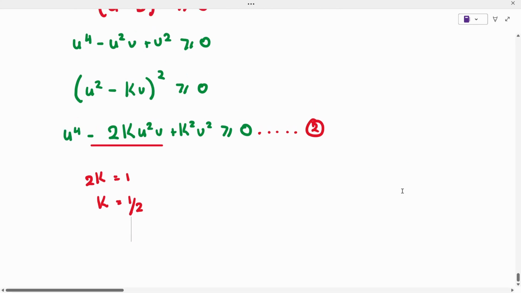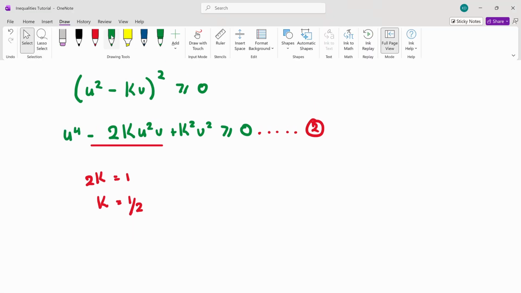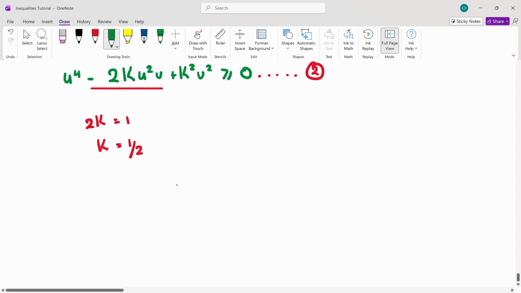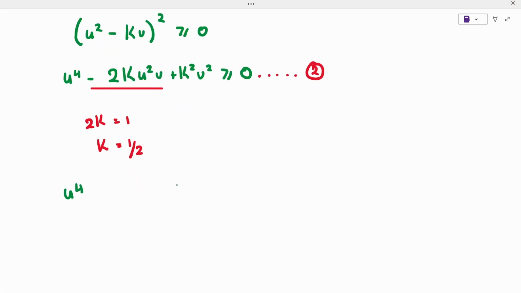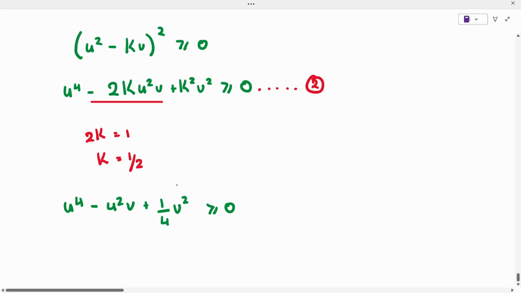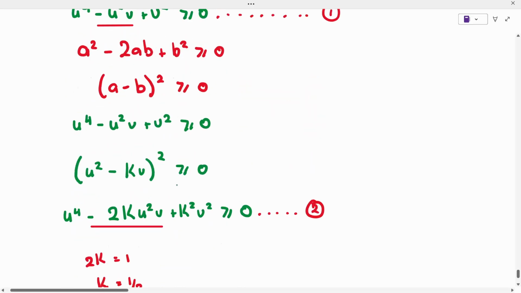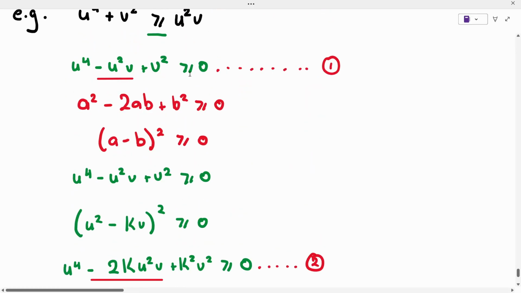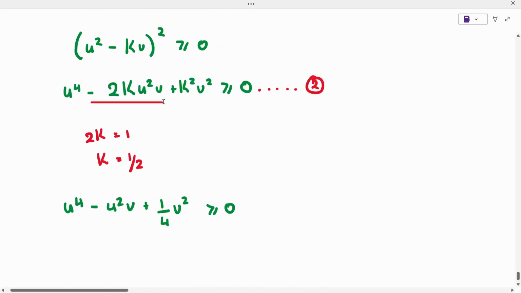So let's expand this now with k being a half. We're going to get u^4 minus u^2 v plus 1/4 v^2 is greater than or equal to 0. But look at this. This looks almost identical to equation 1. The only difference is the coefficient of v^2.